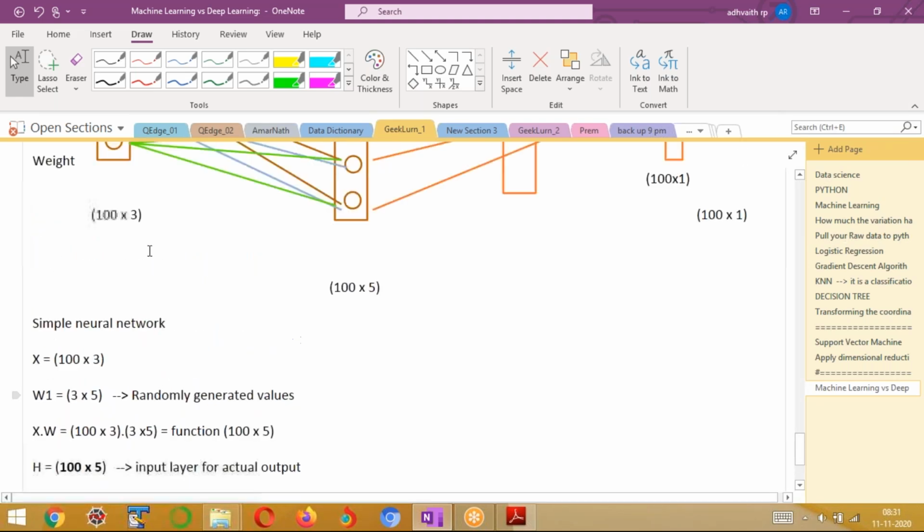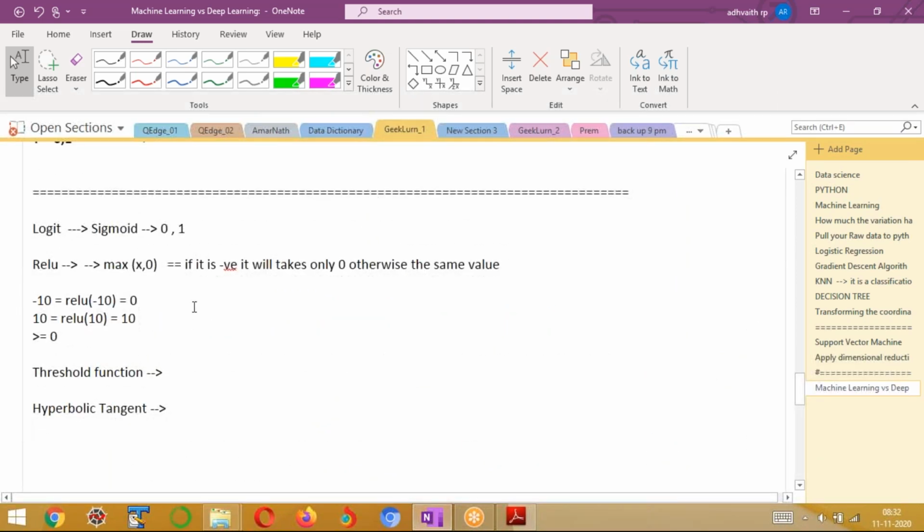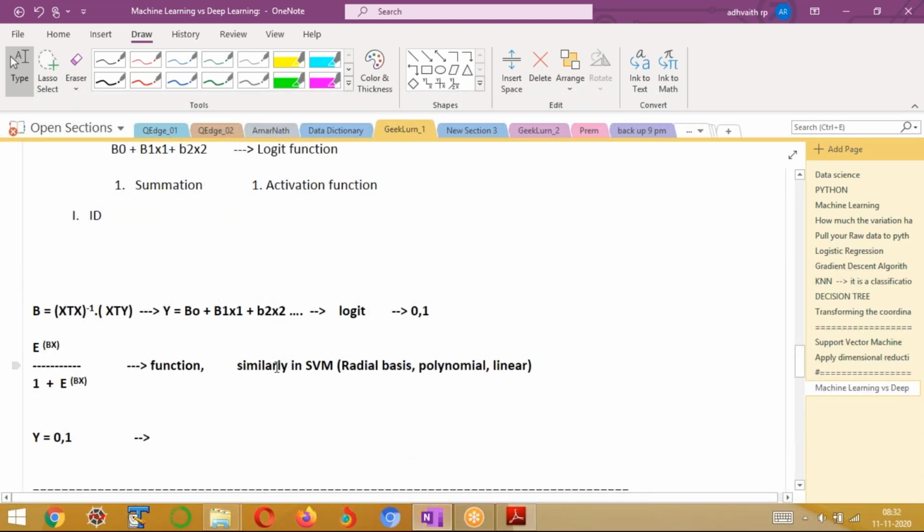That's why I am making you recall the logit. What is this logit doing? It is trying to convert your actual values to nearest to 0 to 1 values. Strictly speaking, the logit function will convert your actual values to values between 0 and 1. Probability values will be created, like 0.9, 0.8, 0.75.